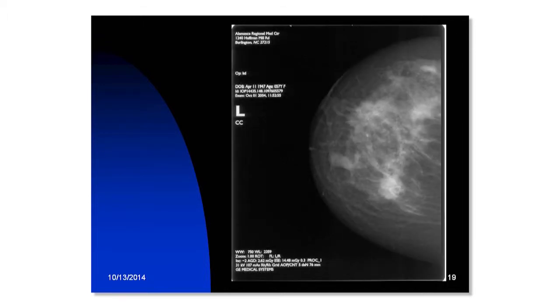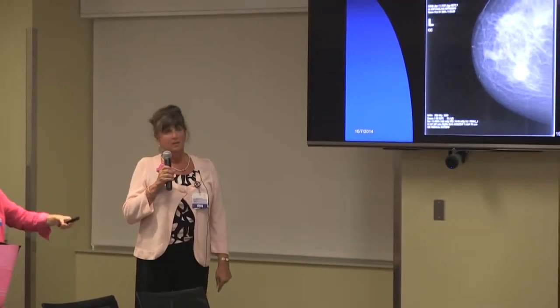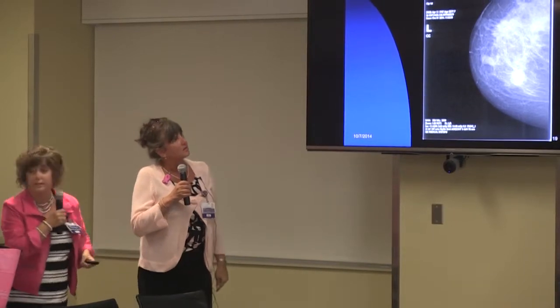Now this one, I don't know that you can see the little marker. Can you see the little triangle there? When you go to a mammogram and you can feel something, they'll put a little triangle marker over the area that you can feel something. This doesn't have the little marker, but right below that is a dark white spot. Can you see that?